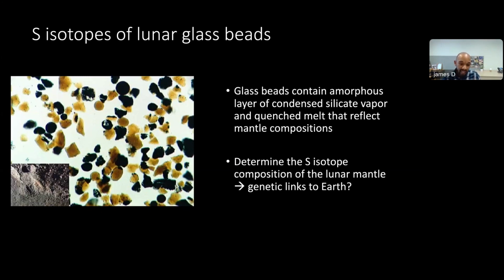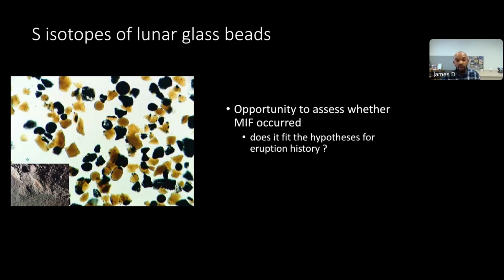And the point of this study is to use the sulfur isotope compositions of these glass beads in order to place constraints on the sulfur isotope composition of the lunar mantle and determine potential genetic links to Earth. But then it also offers an opportunity to assess whether mass-independent fractionation or photochemistry occurs during the fire fountain eruptions and the production of volcanic clouds.